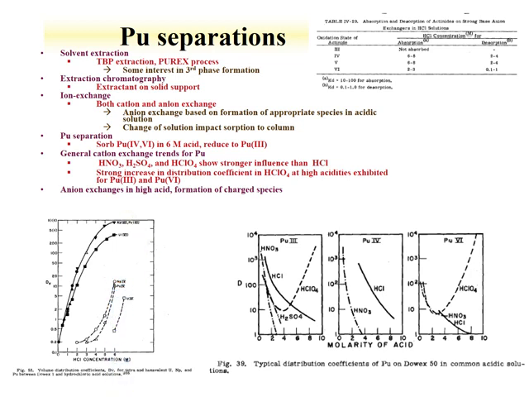In general, cation exchange trends for plutonium, the nitrates, sulfuric, and perchloric acid show stronger influence than the HCl. And there's an increase in distribution coefficients in perchloric at high acidities exhibited for plutonium 3 and plutonium 4.